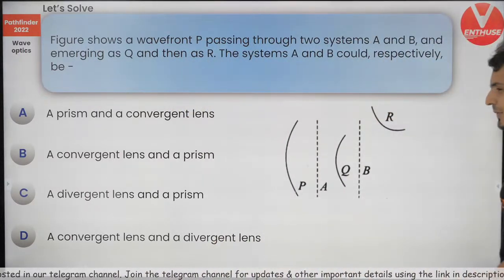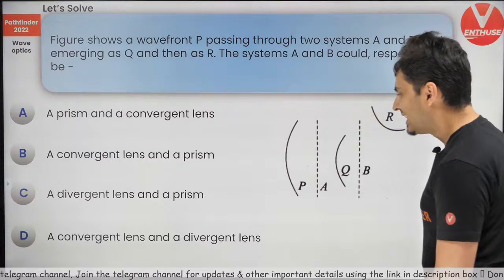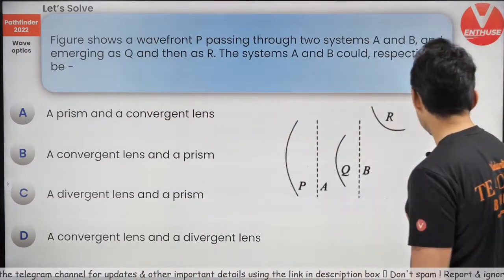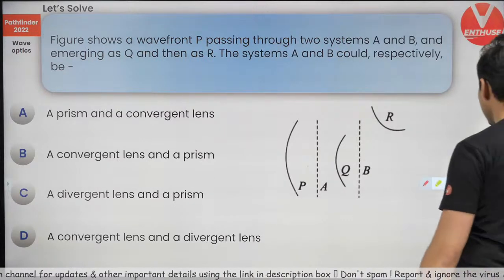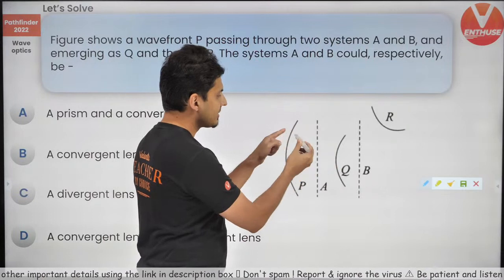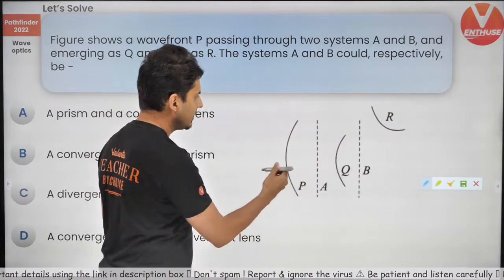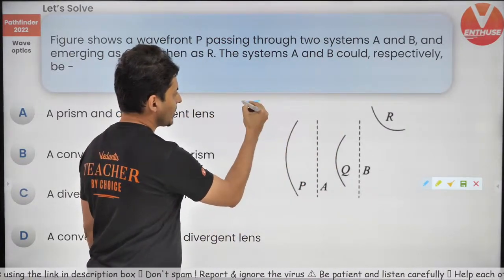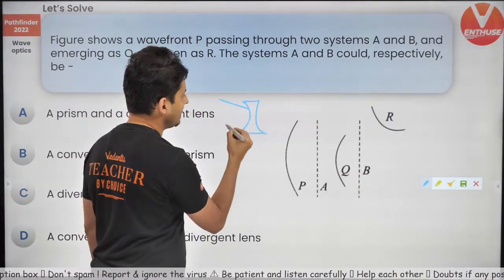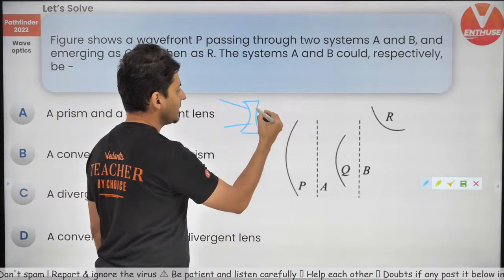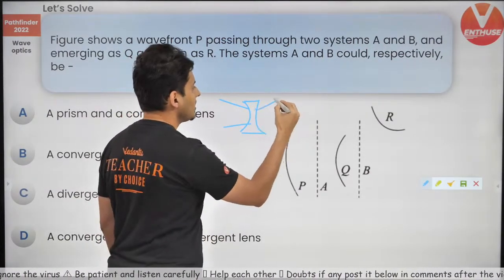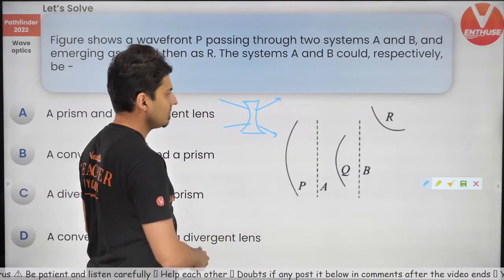Don't worry. So, some of you are saying D. All right, let's start by drawing the rays. When you draw the rays, it becomes very easy to understand. See, these rays are still curved. If it was a concave lens, which is diverging in nature, the rays would have gone like that, right?